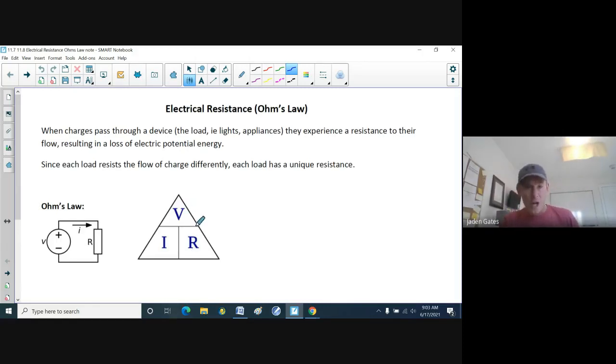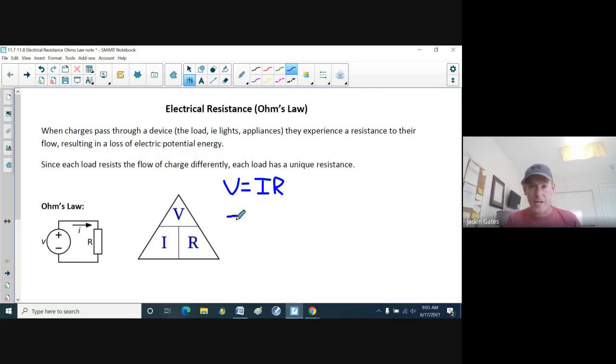Now, we have Ohm's law here, which I've created a formula triangle, and if you've never seen a formula triangle before, what this is saying with Ohm's law, because we have voltage as V, I is our current, and now R is our resistance, is that if I'm finding V, then that would be just I times R. And again, this is a triangle where you can find all the values.